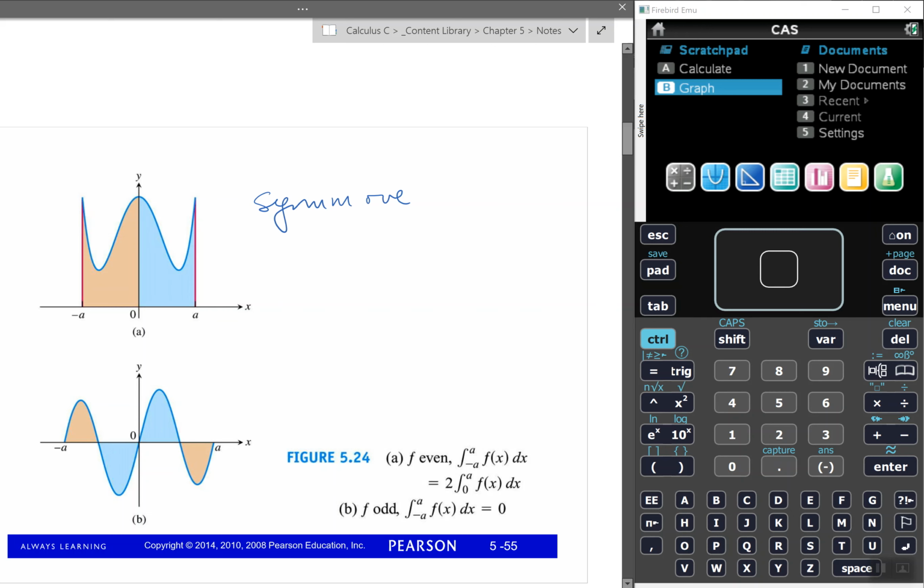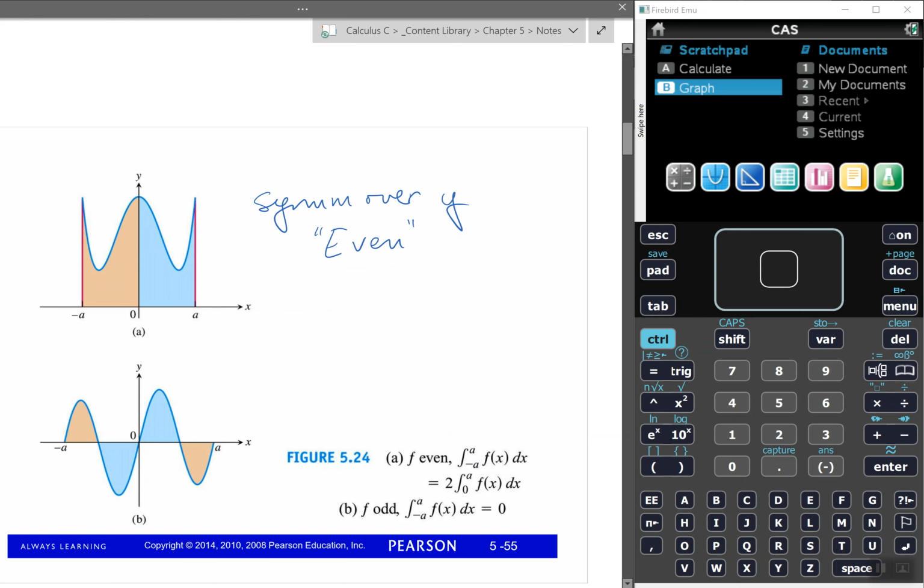This first example, A, is symmetric over the y-axis, which makes it an even function. And when the function is even, we have the same area to the left and to the right of the y-axis. So this orangish colored area is the same as this light blue area. So instead of taking the entire integral as it says down here, from negative a to a, we can actually just take the integral from 0 to a and then double that.